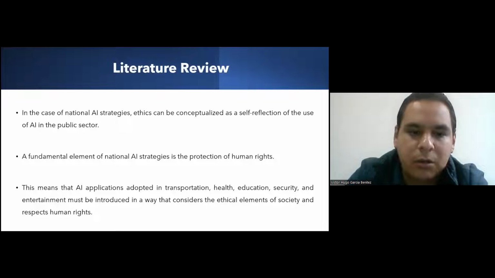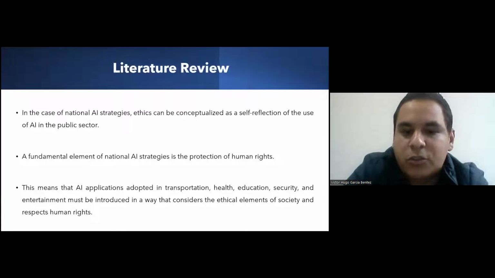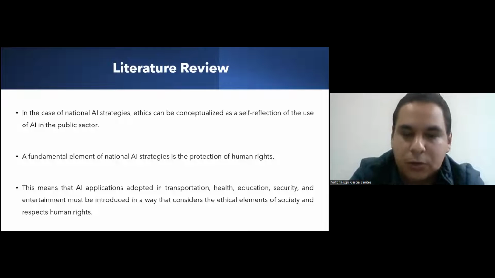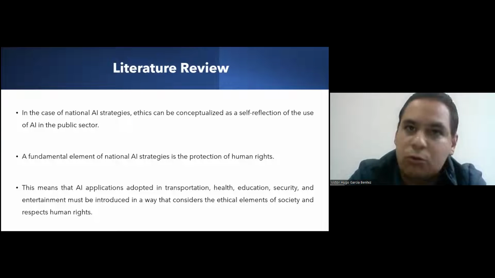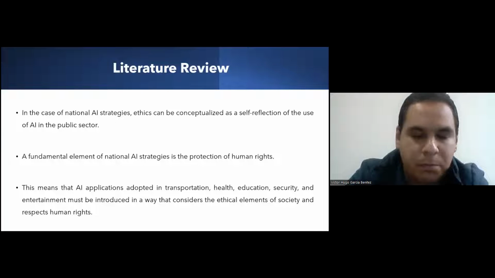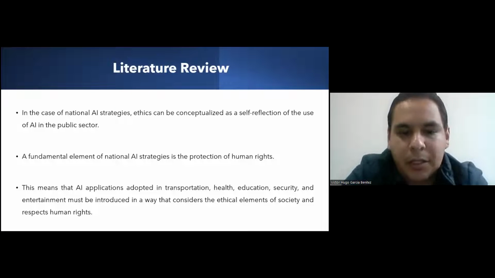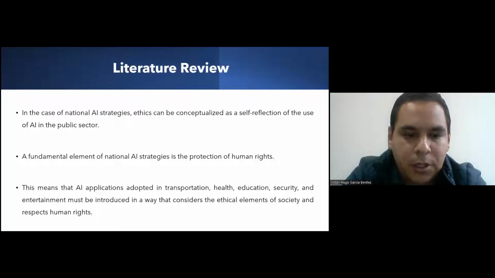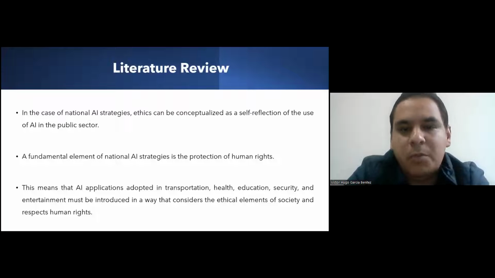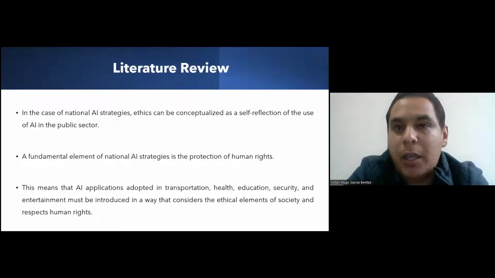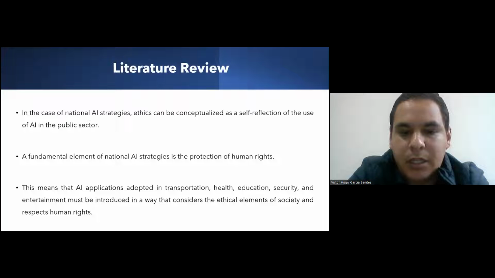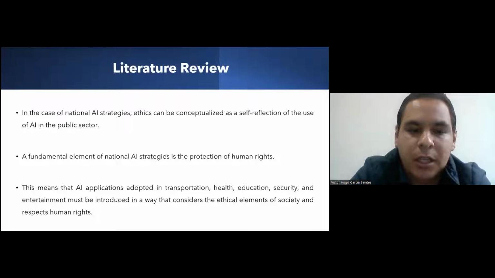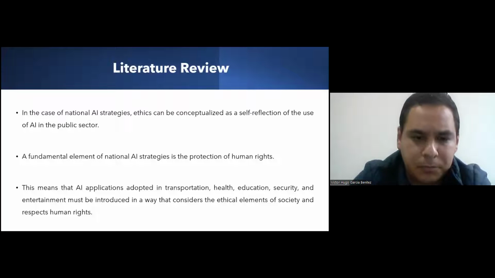This must be understood as universal rights that are inherent to every human being. This means that AI applications adopted in transportation, health, education, security, and entertainment must be introduced in a way that considers the ethical elements of society and respects human rights.